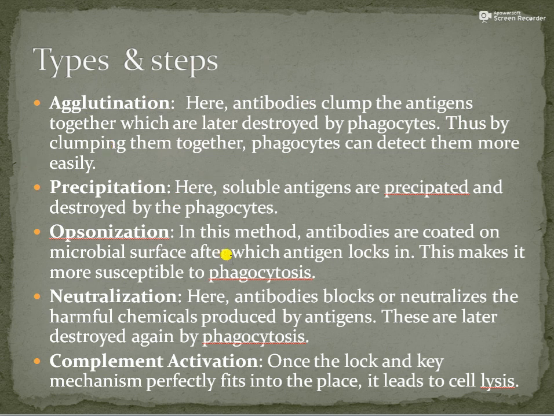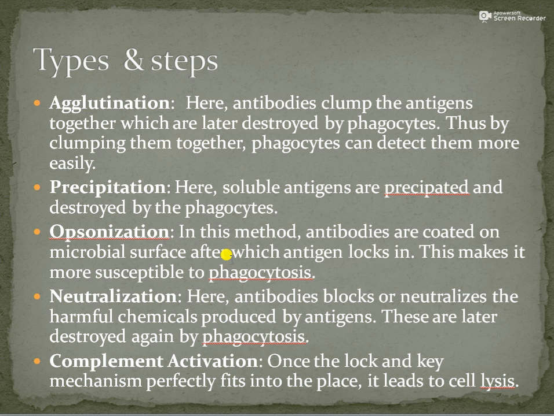And in the case of opsonization, antibodies are coated on a microbial surface, after which the antigen locks in, and this also makes it more susceptible to phagocytosis. And neutralization is a process in which the antibody blocks or neutralizes the harmful chemicals produced by the antigens. Viruses will also be destroyed by this, undergoing a process of neutralization.